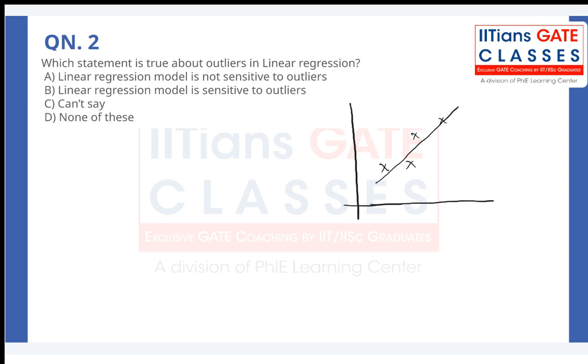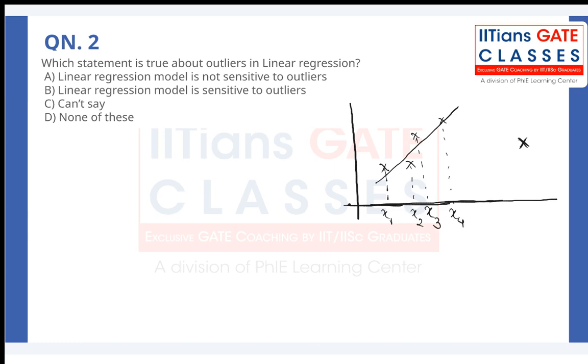Now, let's say there is a point far off, which has a value like this. You might see the relation that for this point, let's say this is x1, this is x2, this is x3, this is x4.